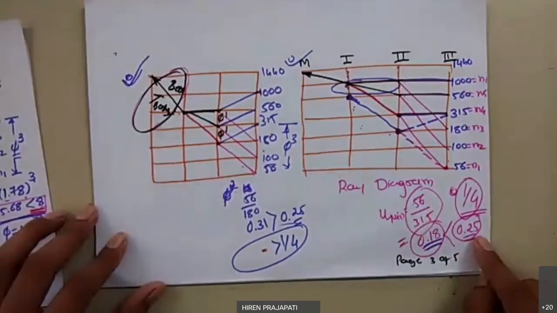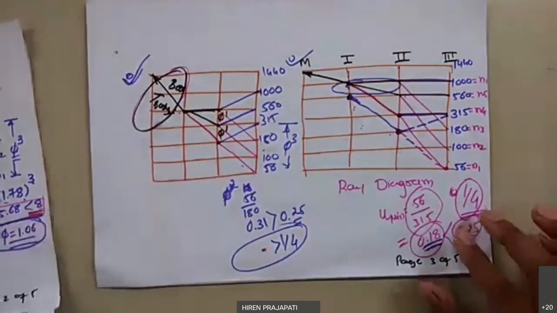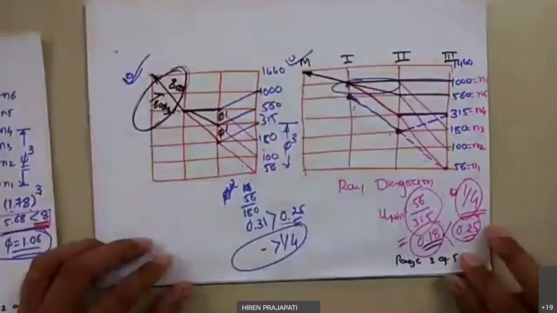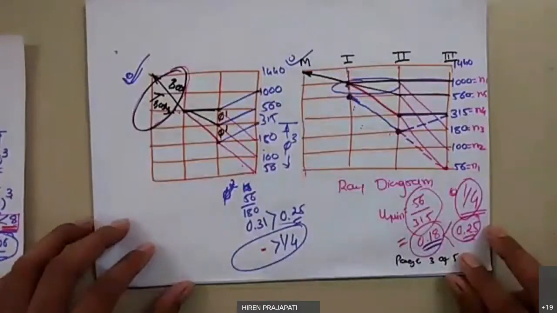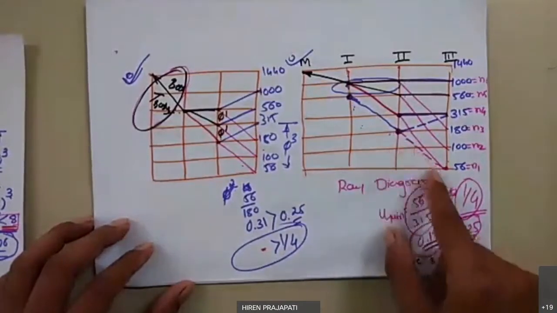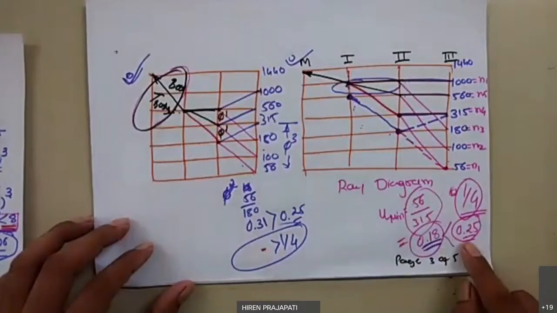As per the criteria, the overall transmission ratio should be 8, but this 8 we got based on two sub-criteria, right? One sub-criterion is that the increase in speed should not be more than 2, and the reduction in speed should not be less than 1/2. Here in this ray diagram, we are getting 0.18 reduction in the second or last stage of the gearbox, which is less than 0.25.